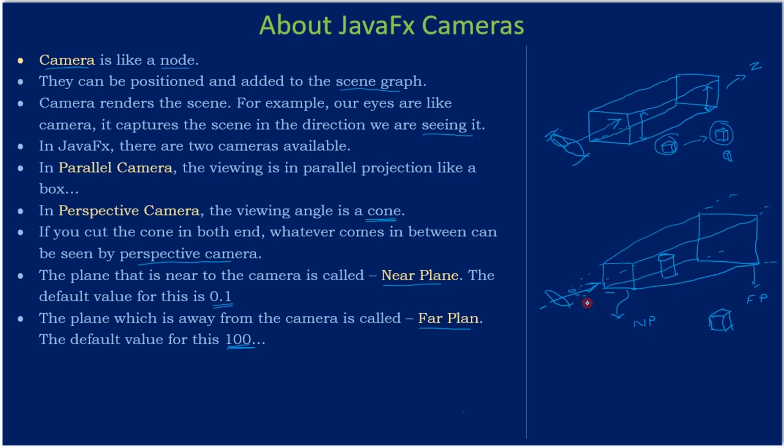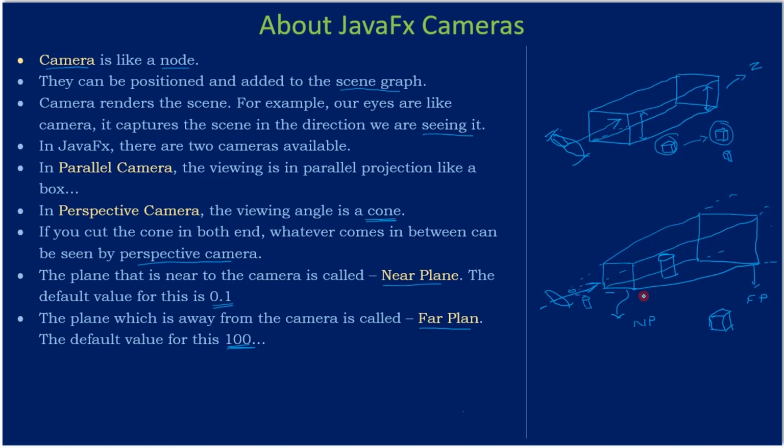Or if the object is too near, we cannot see it. Or if it is far away, that time also we cannot see that object. So whatever comes in between this coned region, that can be seen through this perspective camera.